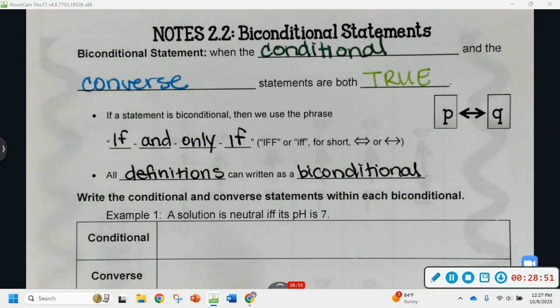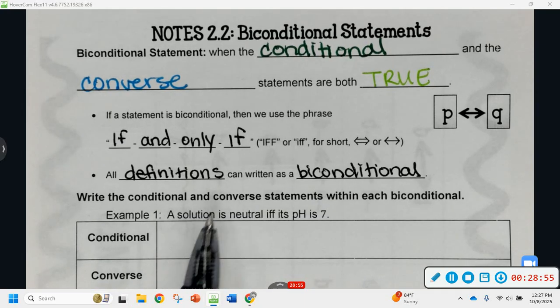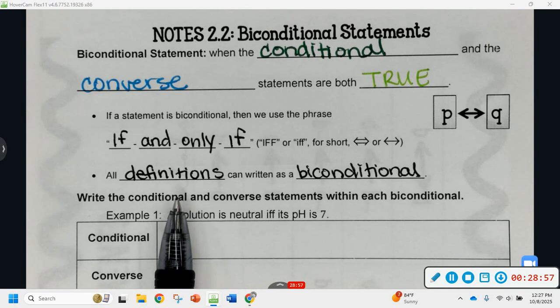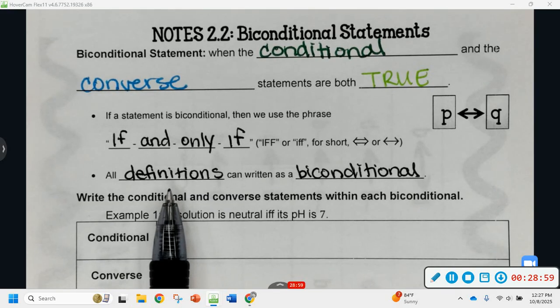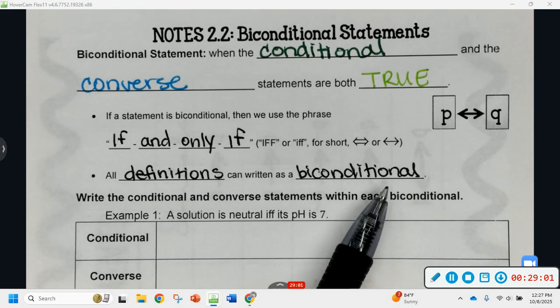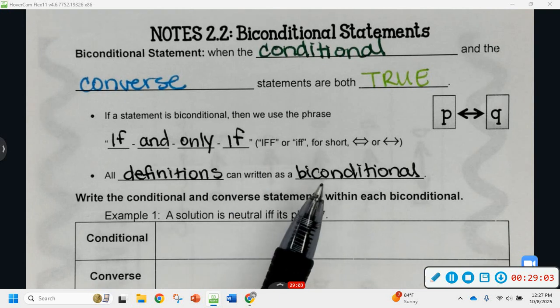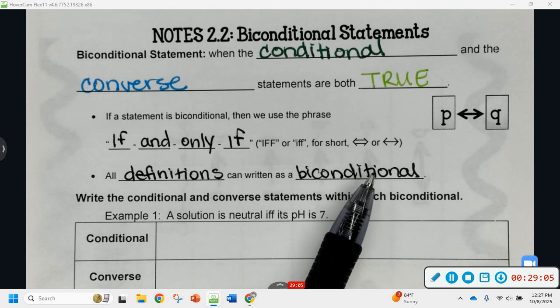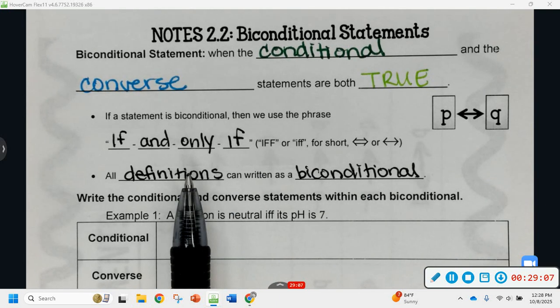Like, if we know that all right angles are 90 degrees, then you could say, if an angle's a right angle, then it's 90. When you switch it, if an angle's 90, then it's a right angle. Those are both true statements.